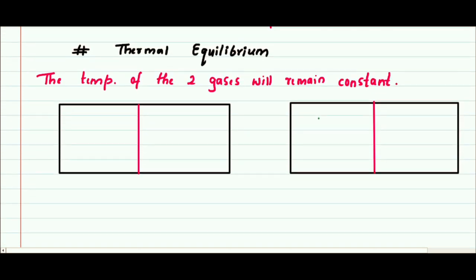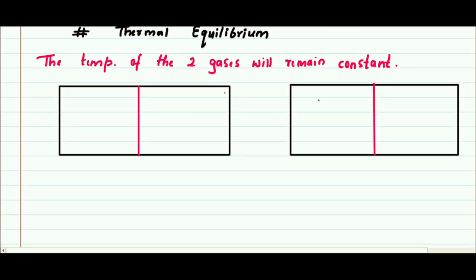So next one is thermal equilibrium. So what is this thermal equilibrium? It states the temperature of the two gases will remain constant. So if we take the two systems, this is system A and this is system B, and here a diathermic wall is present.